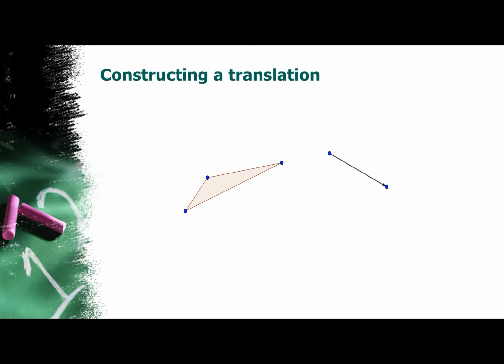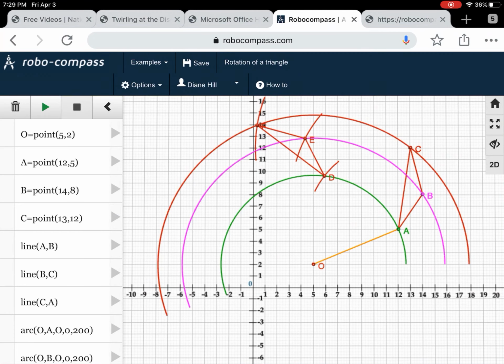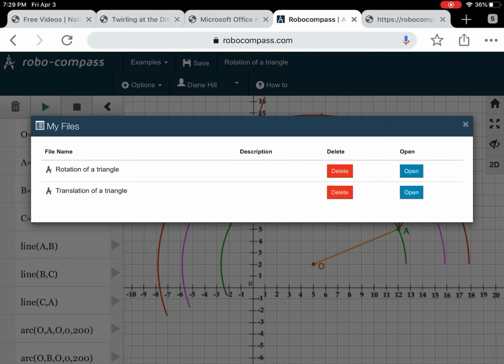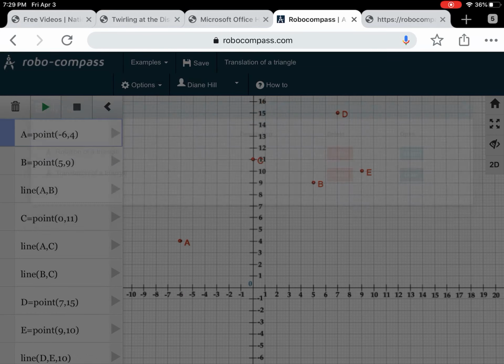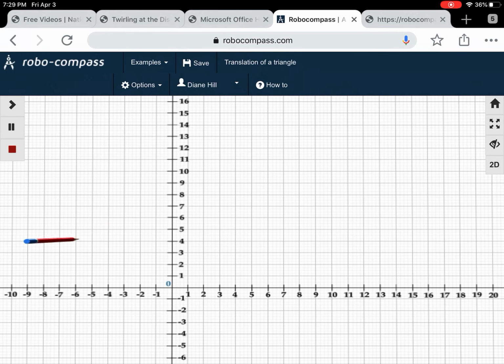So sometimes we can construct a translation using just a compass and straight edge. I made one. I found this really cool program where it shows compass construction.